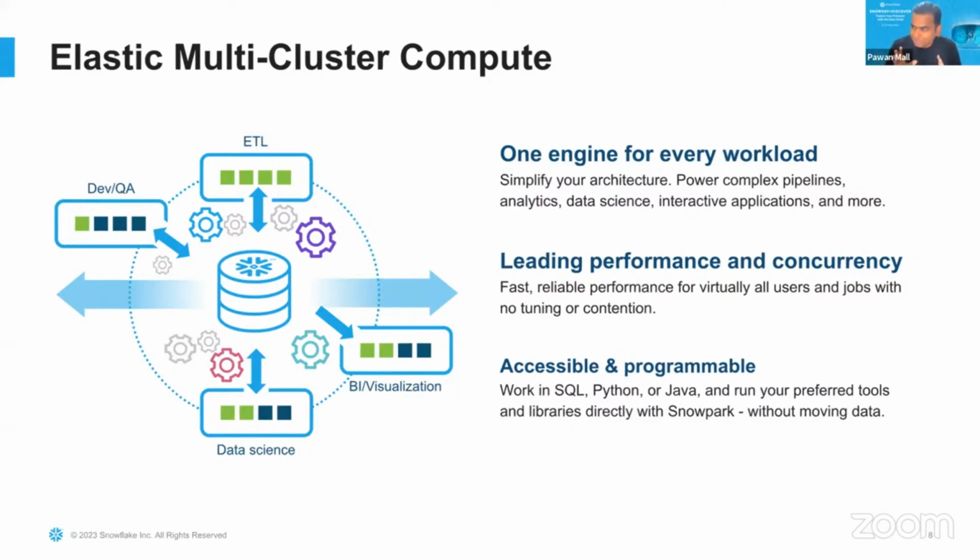With Snowflake, you don't have to worry about any kind of resource contention. Once you load data, you can have different computes created for data ingestion, business intelligence workloads, or data science, and you will not see any difference in performance, even though everything is running at the same time. So this is one of the key things.